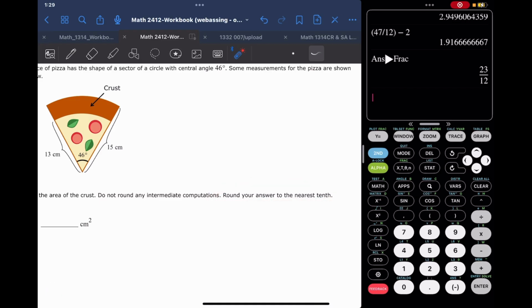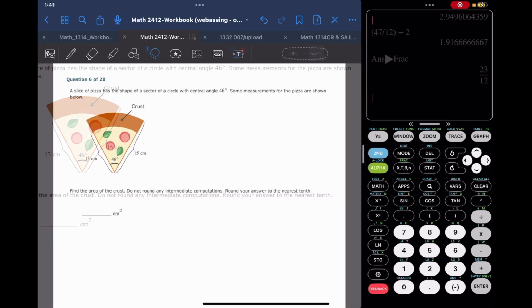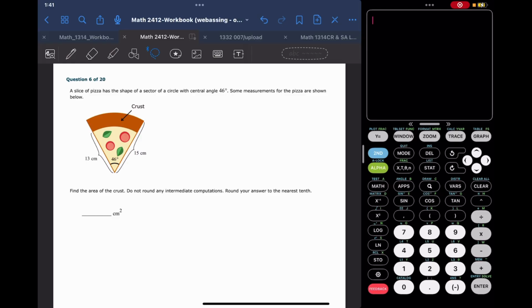Okay, so all we need to do here is talk about the sector. And for our formula here, we need to convert theta, or 46, to radians. So 46 degrees times pi over 180 is going to be 23 pi over 90.